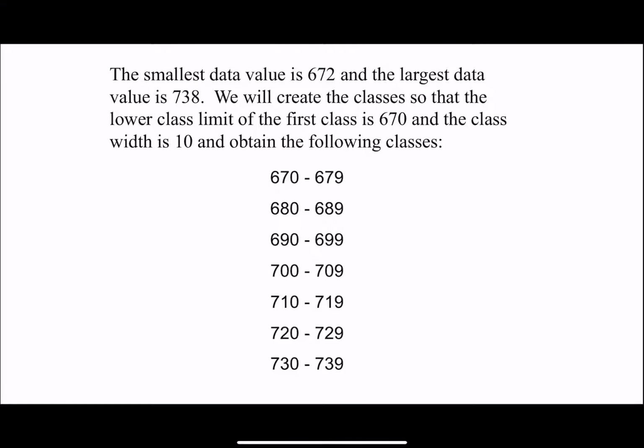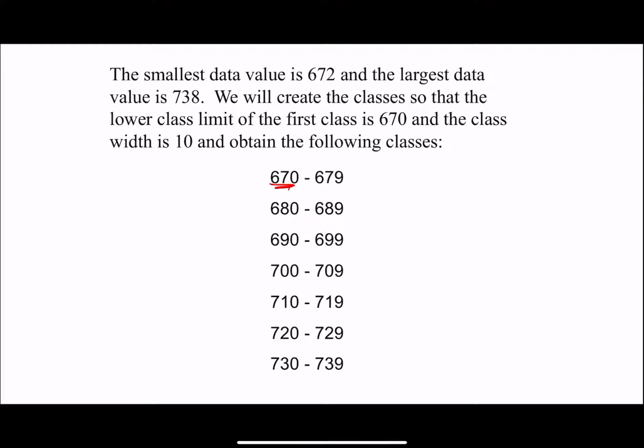So when I organize them with 670 as my smallest, if I go up by 10, I have 1, 2, 3, 4, 5, 6, 7 classes. And 7 is a decent number. Generally, between 5 and 15 is a good number of classes.